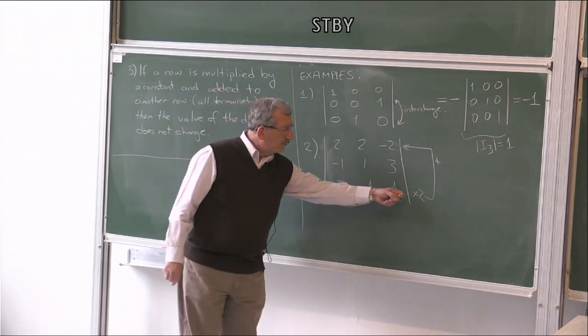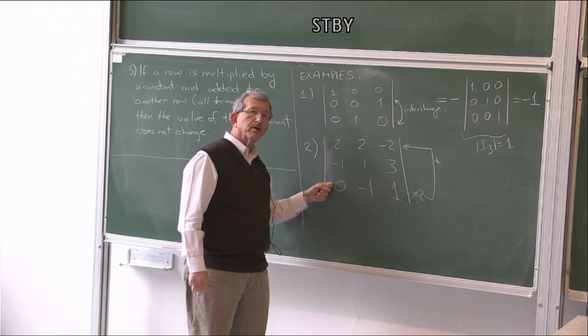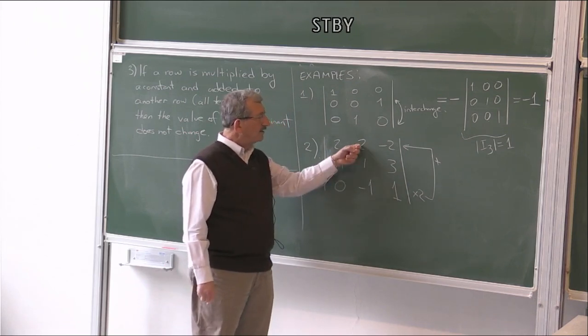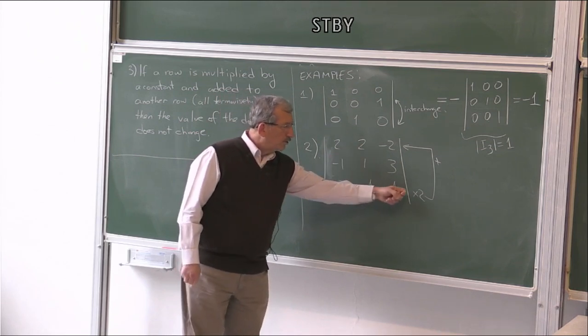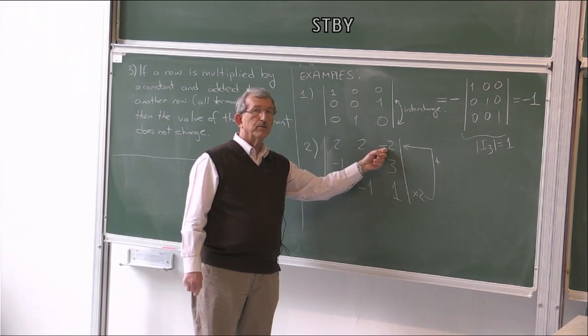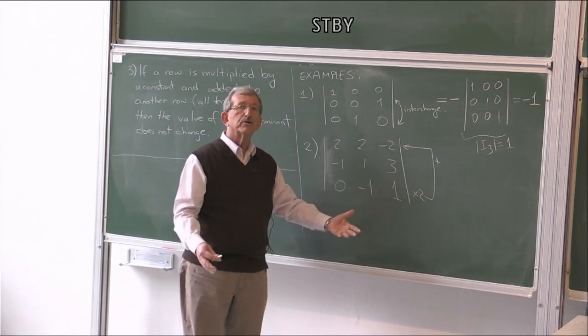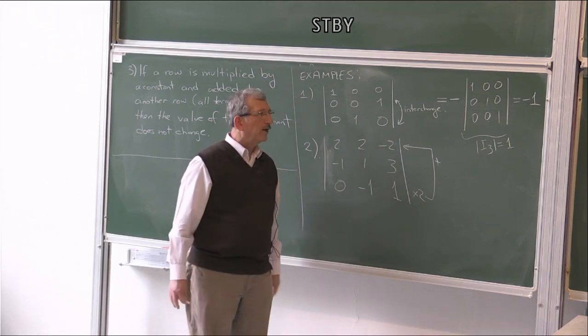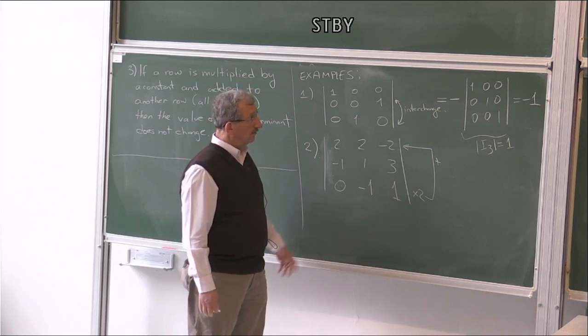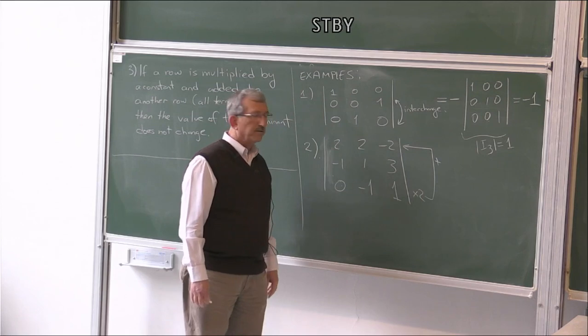Well, when you multiply this row by 2, you will get minus 2. Add it, and it will give you 0. So this term will give you 2. Add it here, it will give you 0. So we will get extra zeros, which is a good thing in calculating determinants. And from the properties, nothing changed.